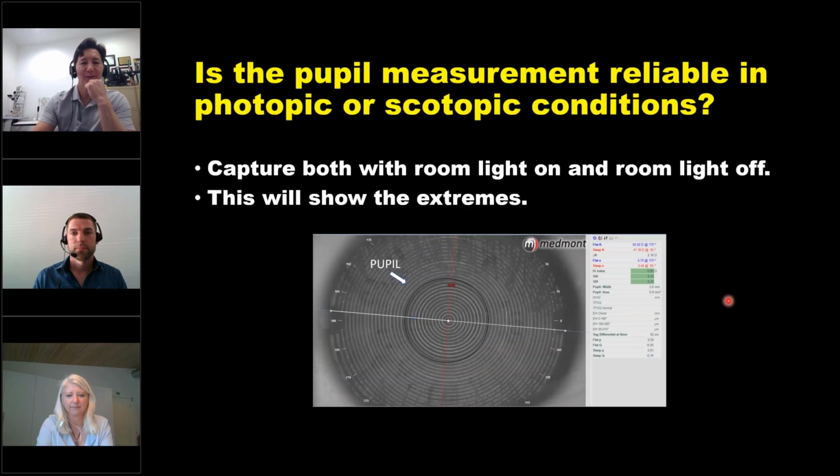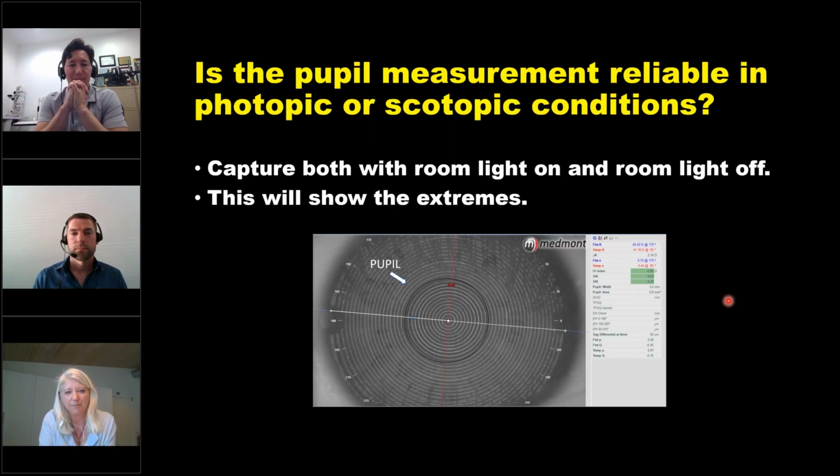So Meta, can you give us some perspective on whether this Medmont topographer is accurate for giving us an appreciation of the pupil? Well, I would recommend to do these captures both with light on and light off, which will give us some idea of the extremes of the pupil size.